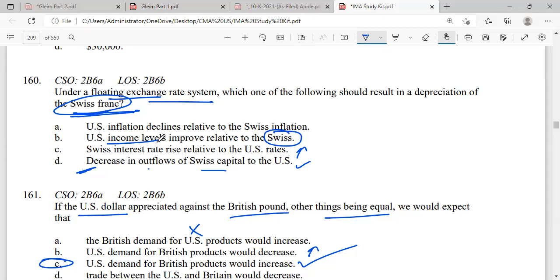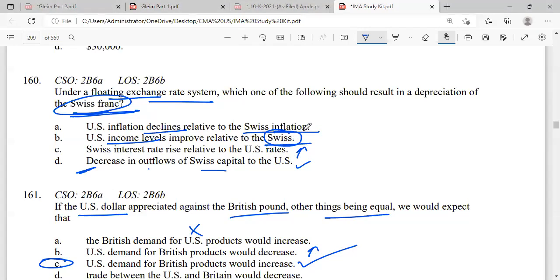Should result in a depreciation of the Swiss franc. US inflation declines relative to Swiss inflation. This is the time where you can say that. I think so. Yes. Which answer do you want to pick? I don't think B can be the answer, US income levels improving relative to Swiss.